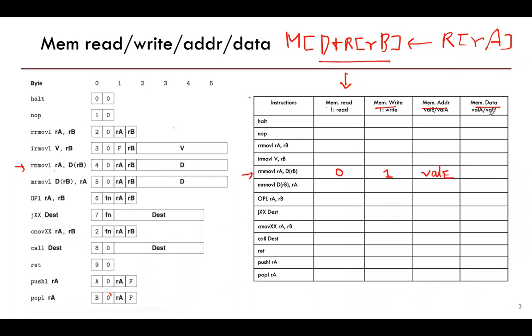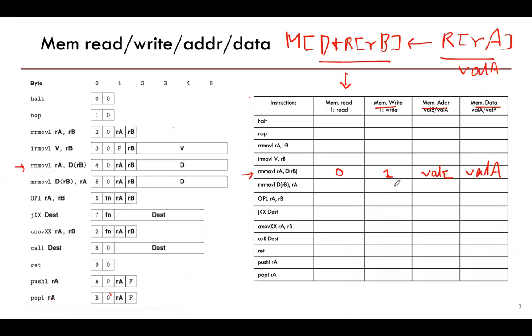Oh, sorry, my bad. We want to write the value which is from the register file. So when we read the register value of RA, the value will be in the wire val A. Okay, so we should select val A for the RM move instruction.